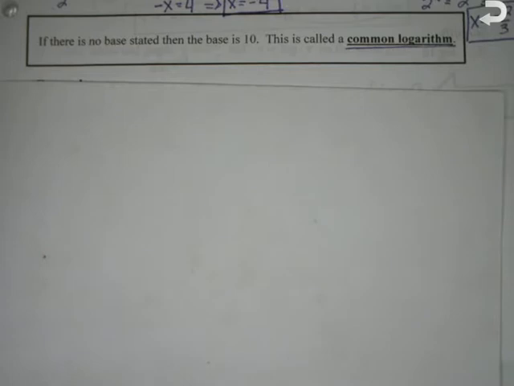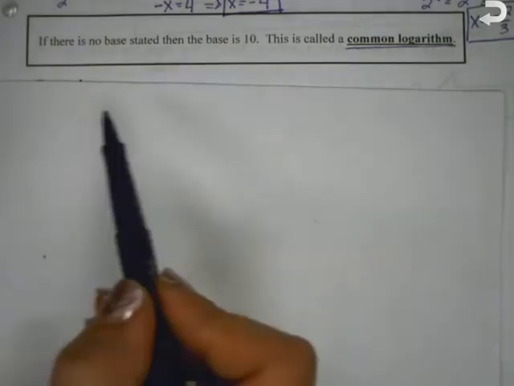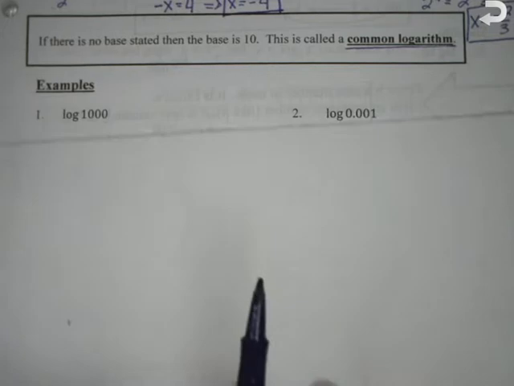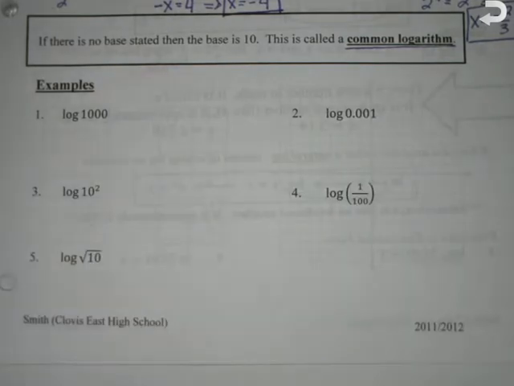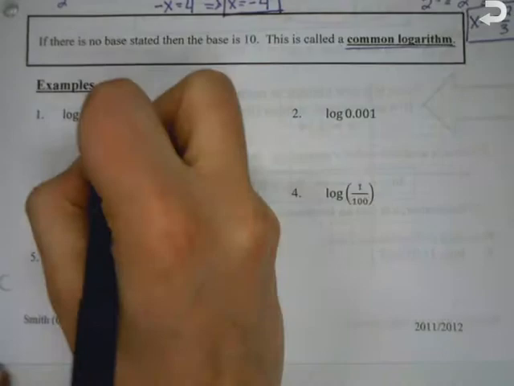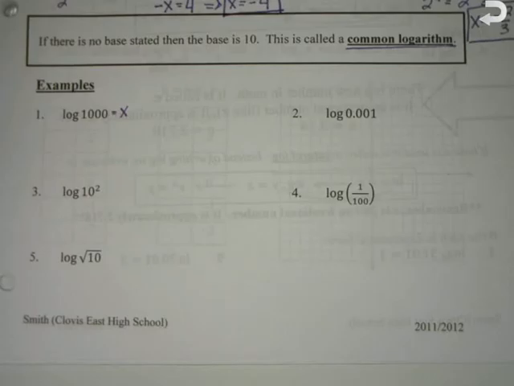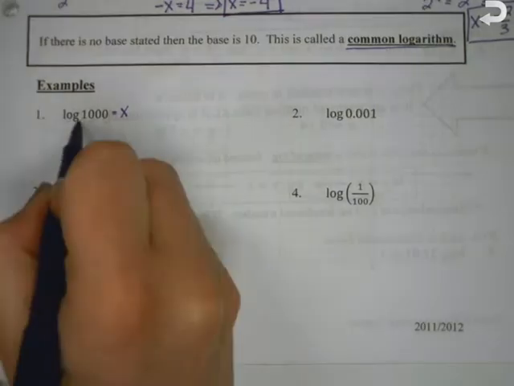So we're going to be working with that for the last 5 examples. But everything that we're going to be doing is exactly the same that we just did. So we set the whole thing equal to x. But since I don't have a base stated, I assume that it's 10. So this is going to be 10 to the x equals 1,000.